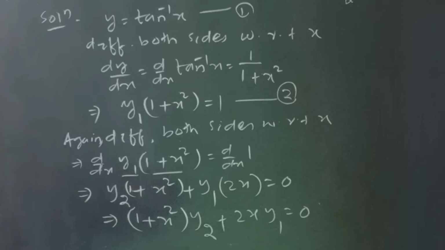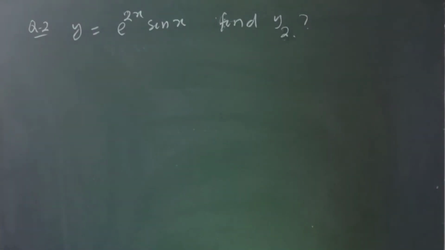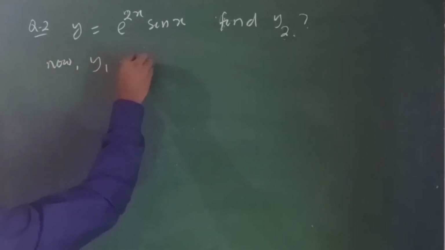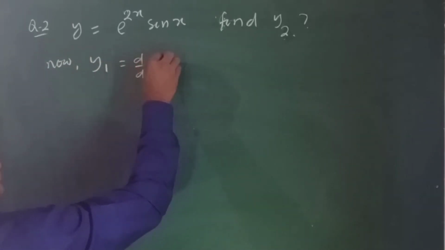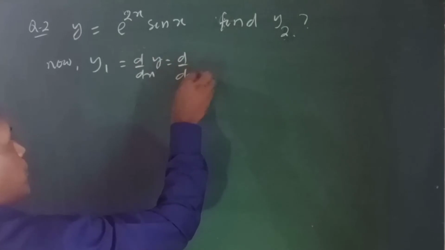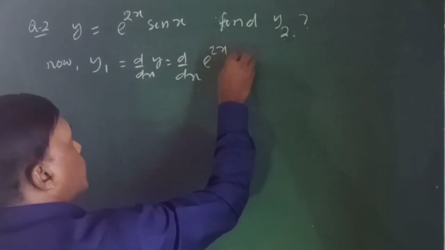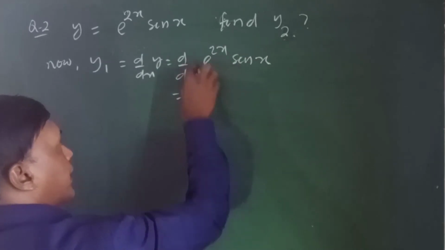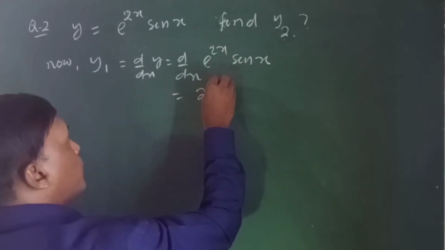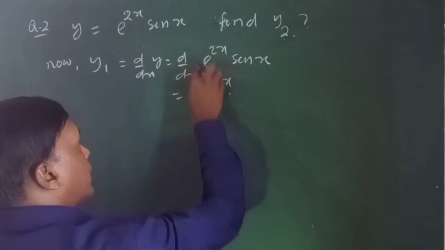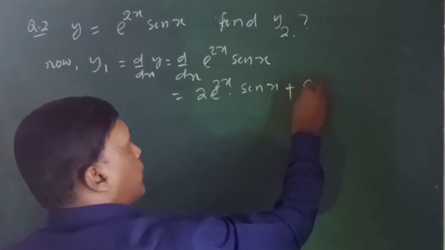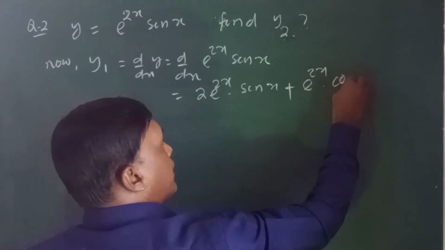So proof. Given y is equal to e to the power 2x into sin x, find y2. Now y1 is derivative of y, is equal to derivative of e to the power 2x into sin x. Apply product formula. Derivative of e to the power 2x is 2 into e to the power 2x. Derivative first into second plus first e to the power 2x into derivative sin x is cos x.